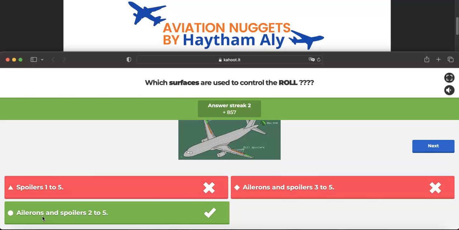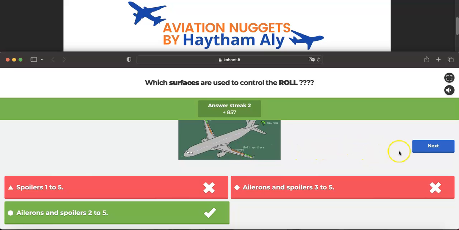If both are requested at the same time, these spoilers will do both functions, but priority is given to roll function because it is a primary function. So again, aileron and spoilers 2, 3, 4, and 5 are used to control the roll.